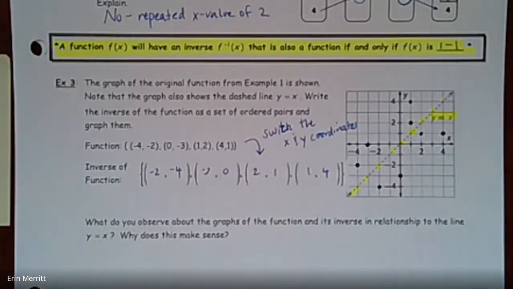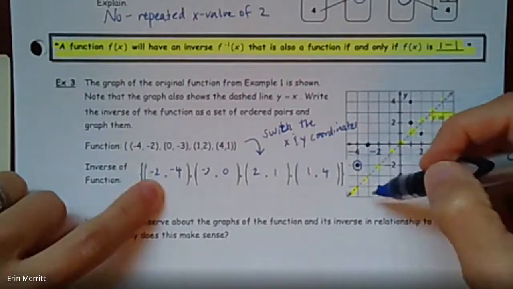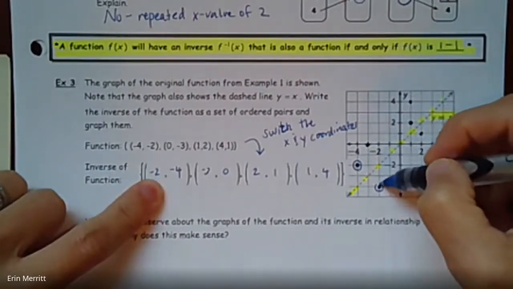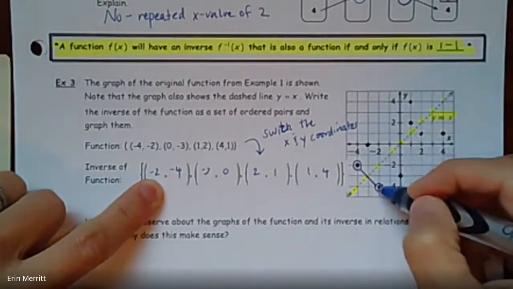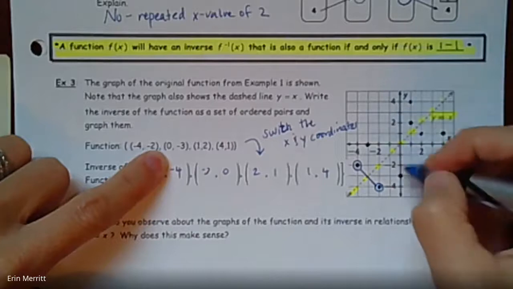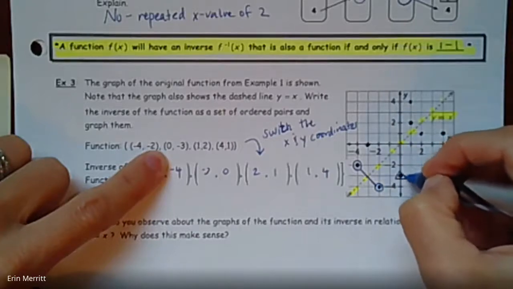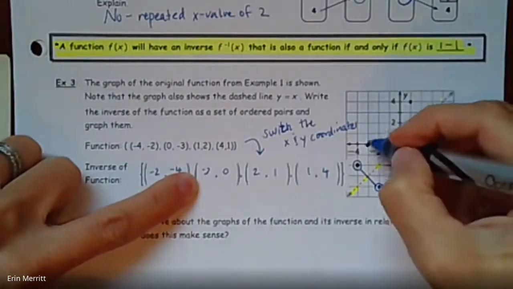But if we use some labeling to show it, if I look at the original -4, -2, I'm going to circle it. And then -2, -4 right here. And I connect them. There was the original. There's its inverse. Let's do that again. 0, -3 is down here. Maybe I'll make a little triangle shape here. And then its inverse is -3, 0.